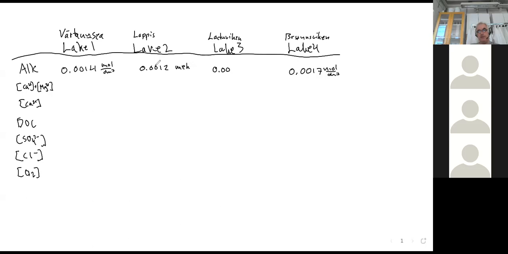So it could either be 0.00312 mole per cubic decimeter or 3.12 milliequivalents. That's true. Yes, exactly, in mole.